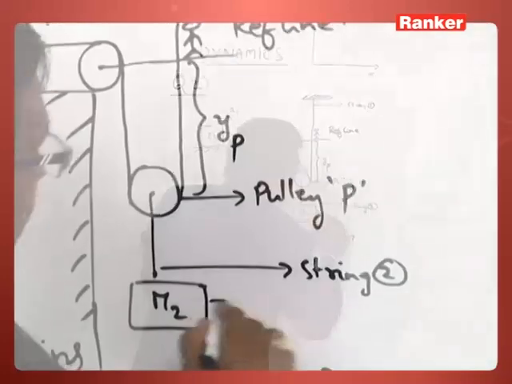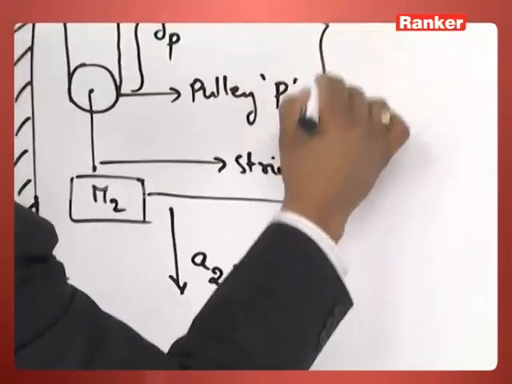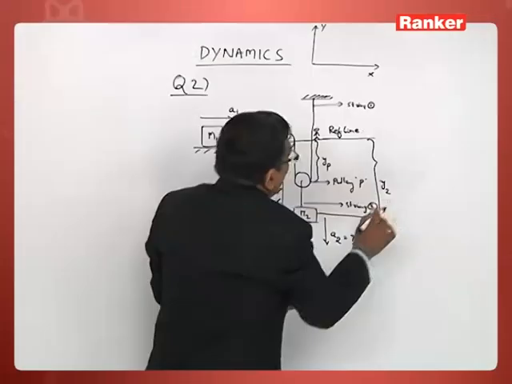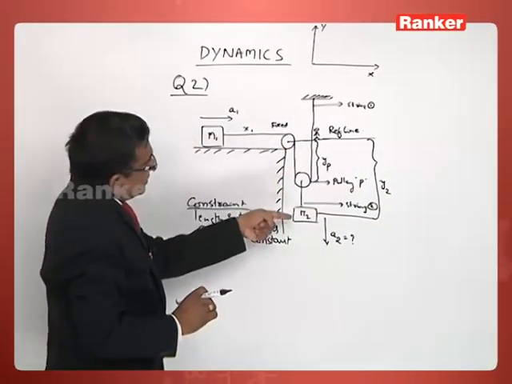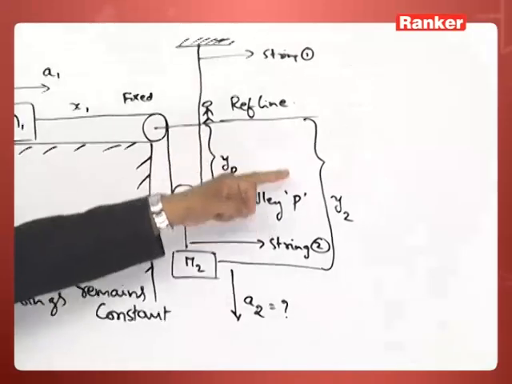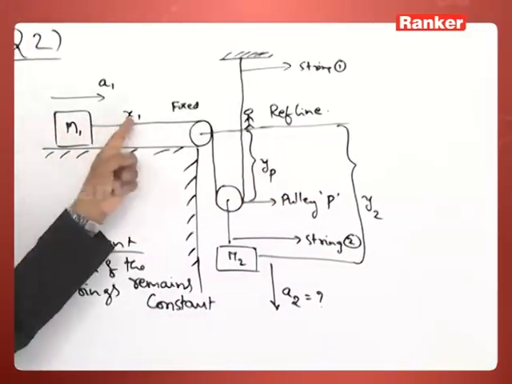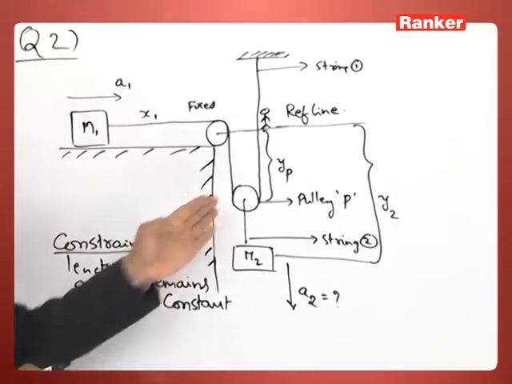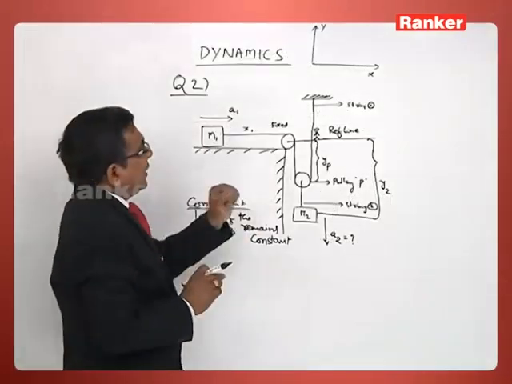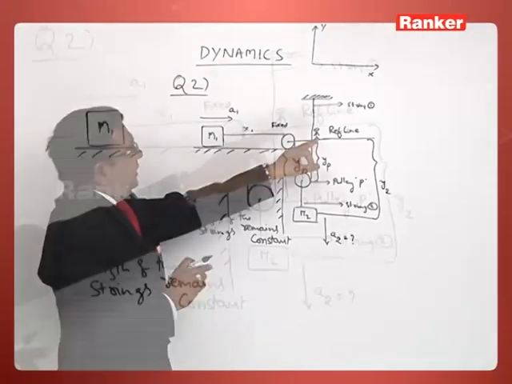And this block is at a distance I take as y2. These distances along the y-axis I denote with y2, and for the pulley with yp. The first mass I denote with x1. Like that you have to denote the distances from the reference line, from this observer.